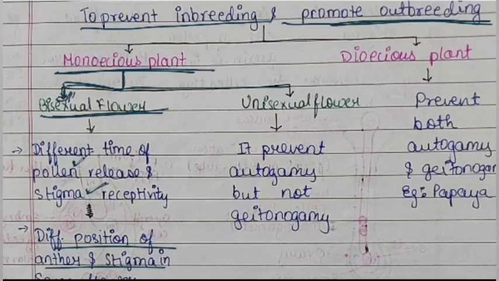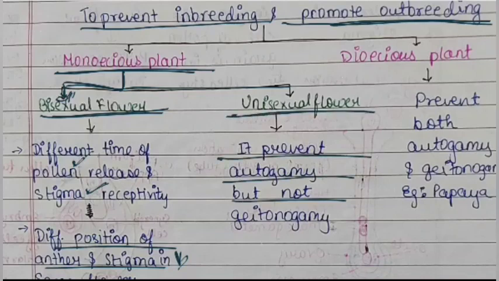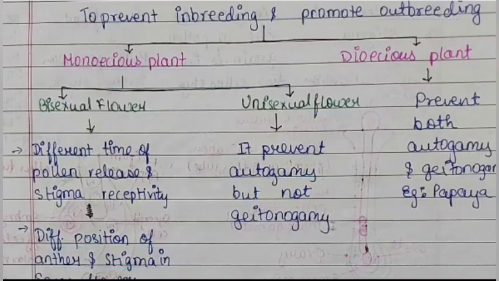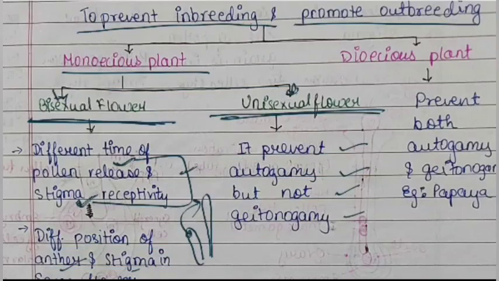Another way is the difference in the position of anther and stigma. In unisexual flowers, it prevents autogamy but not geitonogamy. In dioecious plants, it prevents both autogamy and geitonogamy, as the female flower is on a different plant and the male flower is on a different plant.